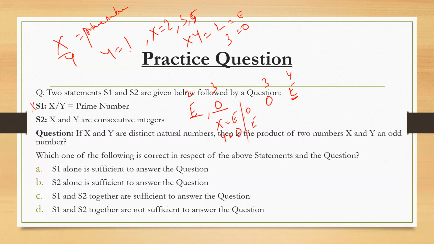So that is the logic. Then what will happen to XY? XY will be just a multiplication of even into odd, or odd into even. Again, it is even. So in both scenarios, what is happening? You have XY being an even number. So here S2 alone is sufficient to answer your question. I hope this is clear, everyone.